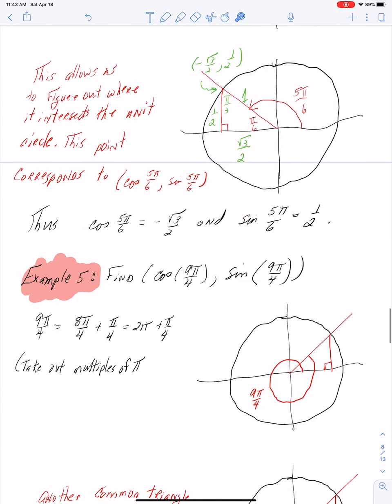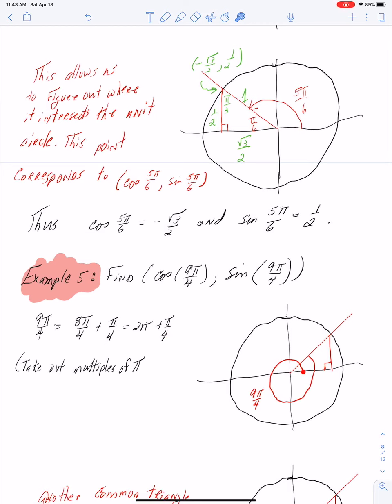All right, let's look at another example, 9 pi over 4. I want to find the cosine and the sine. So 9 pi over 4 defines an angle. Now 9 pi over 4 is 8 pi over 4 plus pi over 4, or 2 pi plus pi over 4.